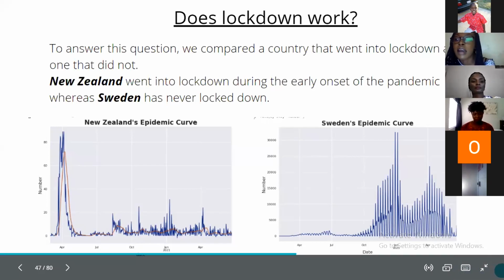A country like Sweden did not lock down. They just implemented policies and gave instructions to their citizens: this is how you need to interact in order to prevent spread of the disease, social distance. But for them, life went on, normal life, interacting, going to work, no staying at home or anything like that. And for some time it worked. But in 2021, the first quarter, we see that there was a rise in the cases.